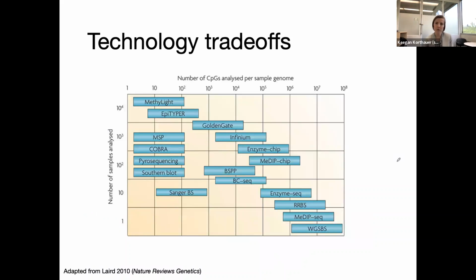These two main categories of technologies have trade-offs in terms of the number of CpGs, or sites, that we can measure per sample, as well as how many samples we can analyze in a given experiment. In this cartoon from a review study, the number of CpGs that you can measure per sample, which is referred to as the resolution, increases from left to right.